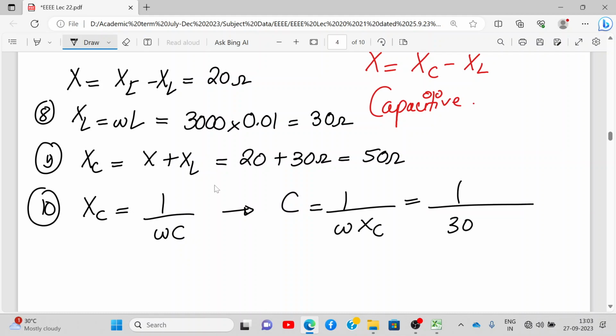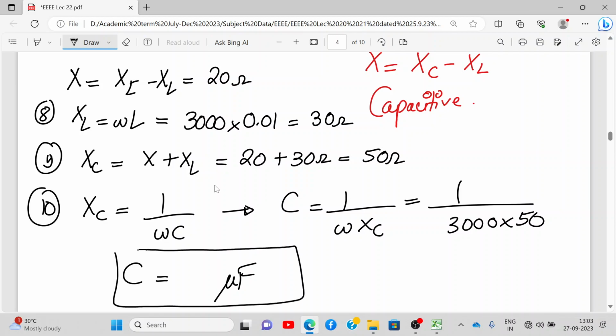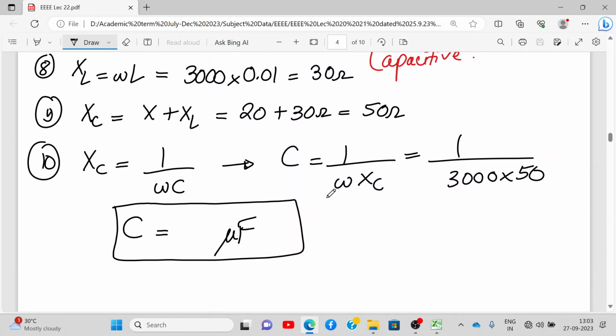So 1 upon 3000 into 50. Calculate C in microfarad. How much is it? 6.67. The value of the capacitor will be 6.67 microfarad. Did you get that?